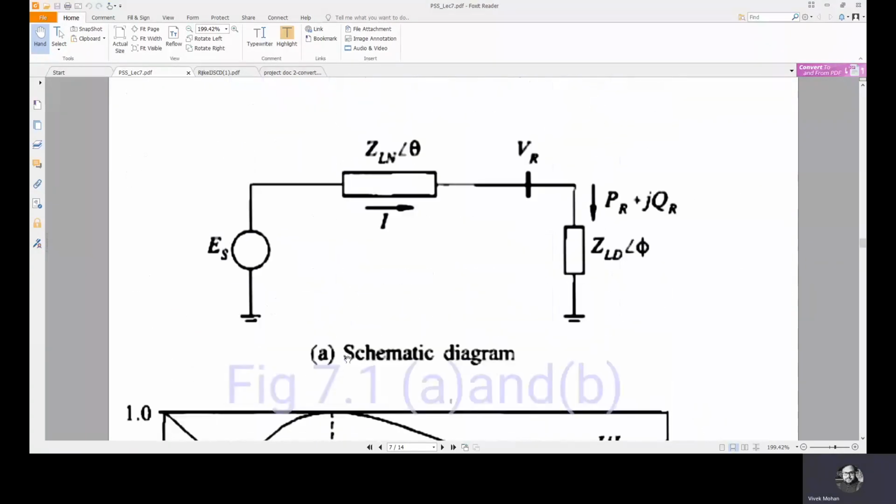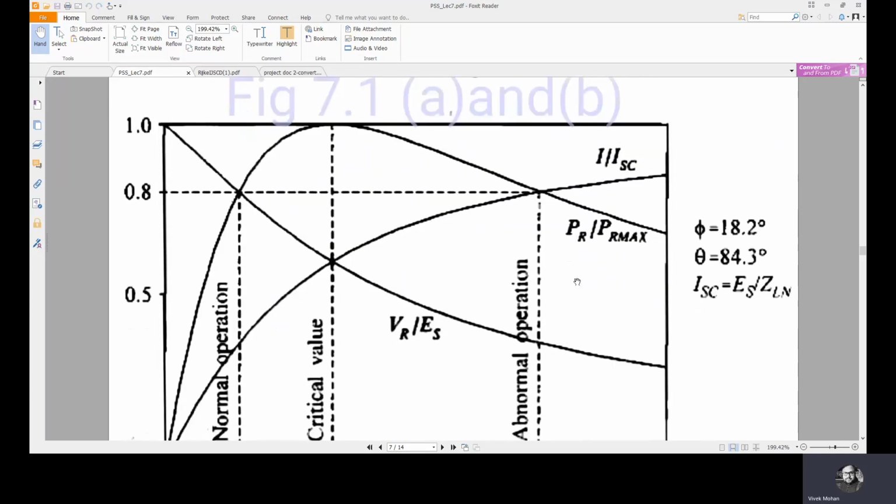Okay, so the same figure we are taking. ES is the sending end voltage, I is the current carried by the line, ZLN angle theta is the complex line impedance, and the receiving end voltage is VR. Then the complex power received by the load is PR plus JQR, and the load impedance is ZLD angle phi. Now let's see the plot once.